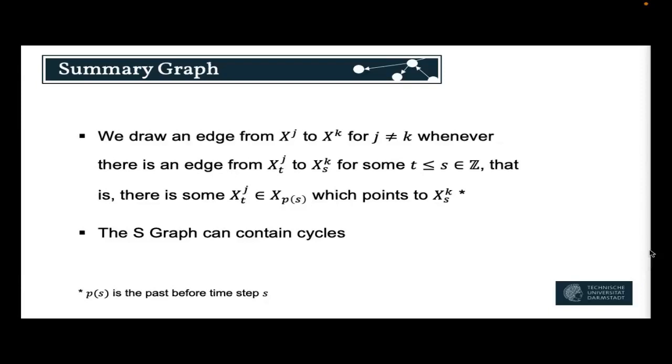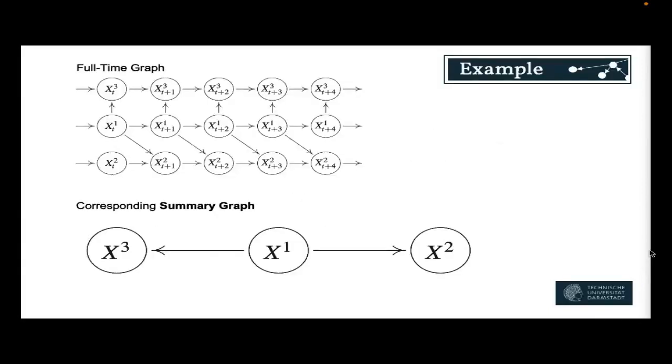And the summary graph can actually contain cycles very easily. To give an example again with the previous example, if this was our full-time graph with instantaneous effects, then this would be the corresponding summary graph. Looks definitely a lot less complex than the previous one, right? But you can convince yourself that this is the abstraction of it, because x3 and x2 are really just dictating themselves.